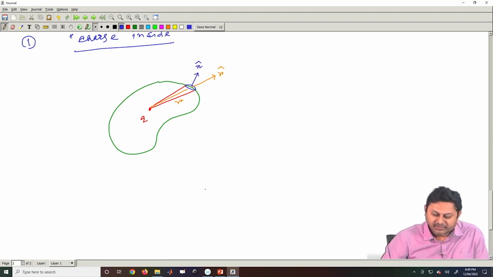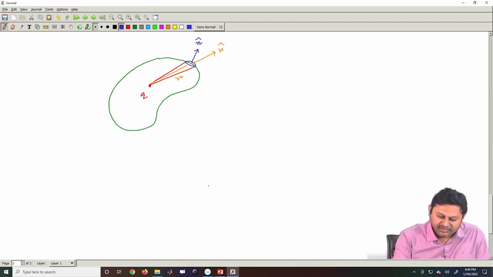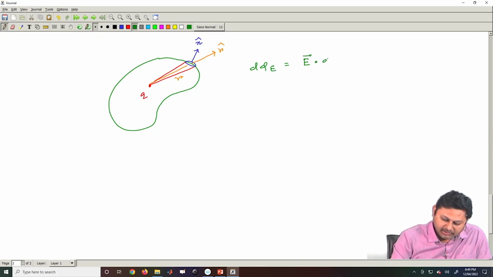Okay. So, what is the flux for this small section? The flux is d phi, and if I calculate, it should be E dot ds, where E is the electric field exerted by this charge q.